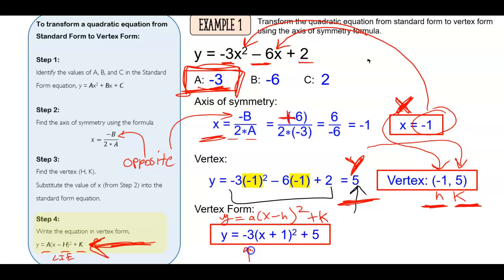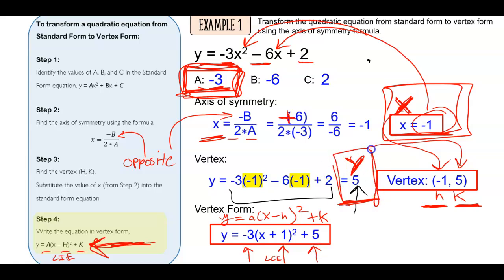My A was -3 from up here. My H is -1 from over here, but remember, it's a lie. So it's +1. And then my K is 5 that I got right here. That's it.